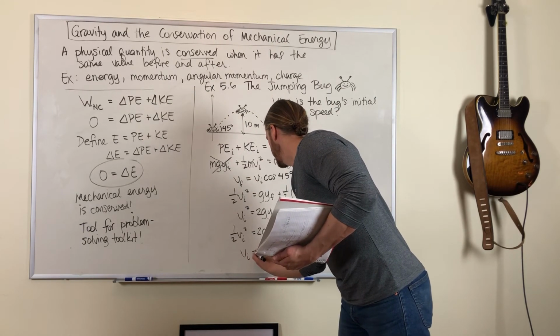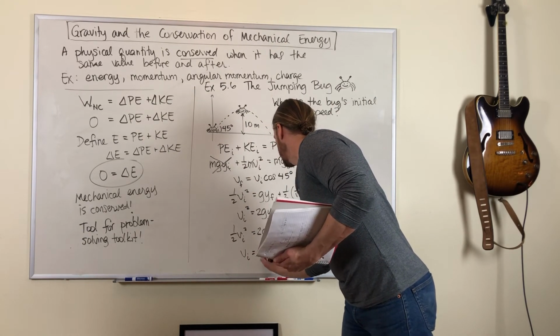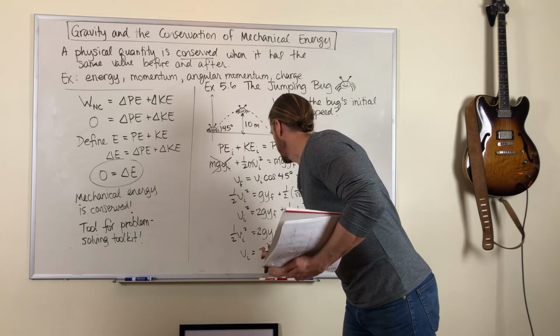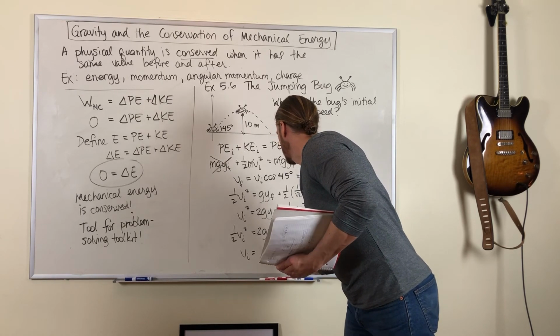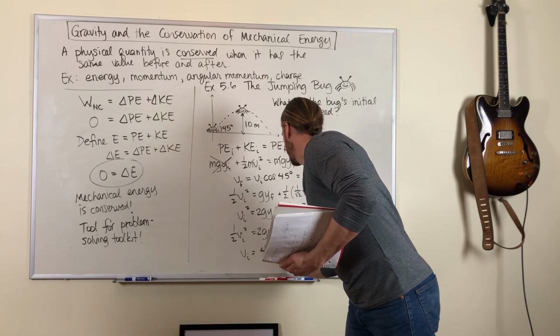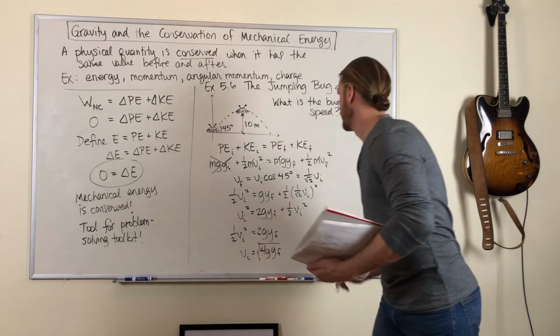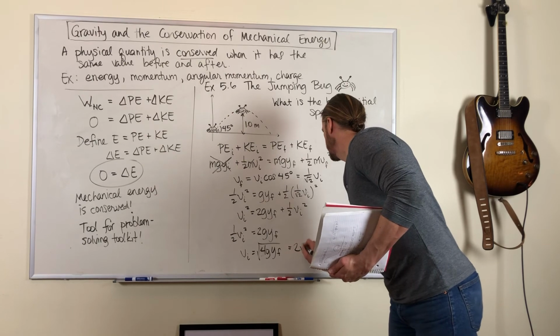And that gives us v initial equals the square root of 4g y final, or if you prefer, 2 times the square root of g y final.